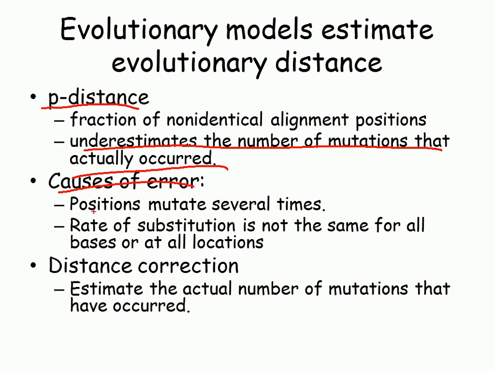So the cause of errors is that positions mutate several times, and since we don't have all the samples across the evolutionary history, we only have the leaf nodes. We don't know the exact number of mutations, and the rate of substitution is not the same for all bases at all locations. So when I described getting an ultrametric tree from an edited tree, I told you that we need to have an idea of a molecular clock that tells us how the rate of mutation relates to the evolutionary time.